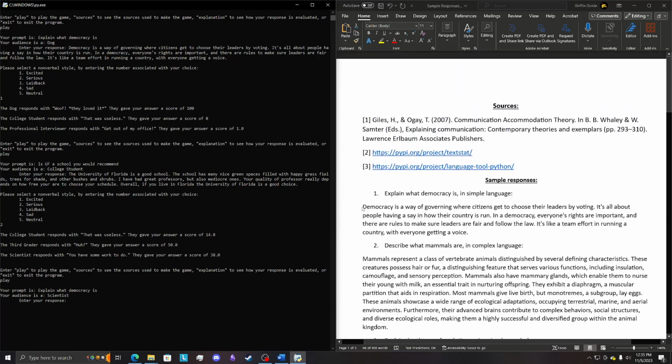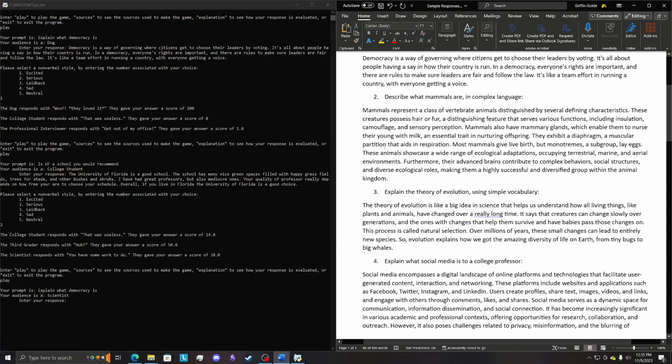Again, we got explain what democracy is, but I'm going to let you in on a little secret. My game doesn't really care whether or not you stick to the topic of the prompt, because on topic is a nebulous idea for a robot to define. It's easy for us, but it's very hard for a robot.